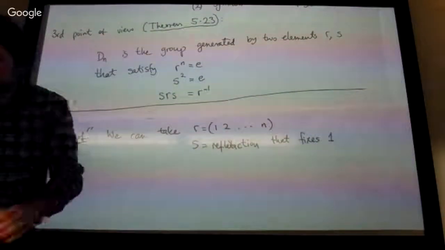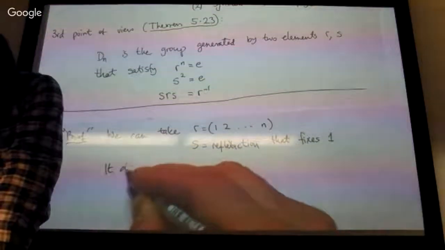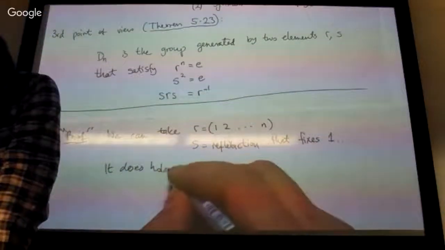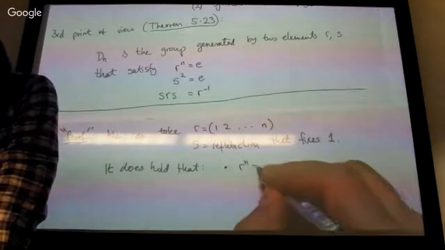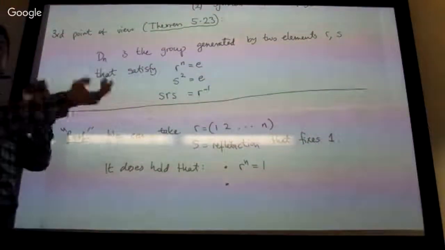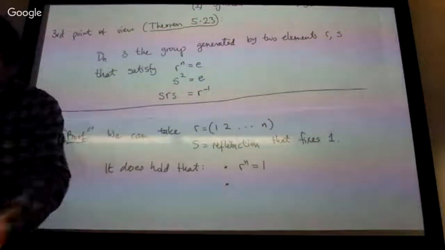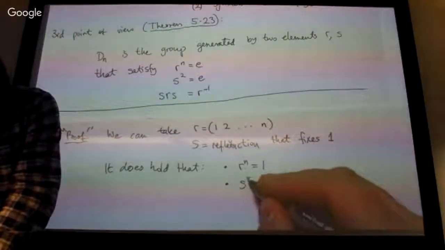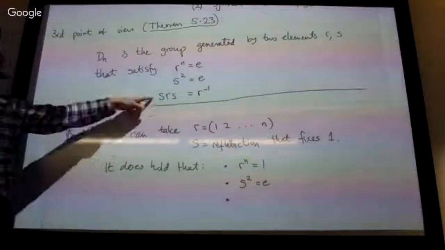So R to the n is the identity. If you take a reflection and do it twice, you get what you started with. So that is true. What's the last condition? What does that say?